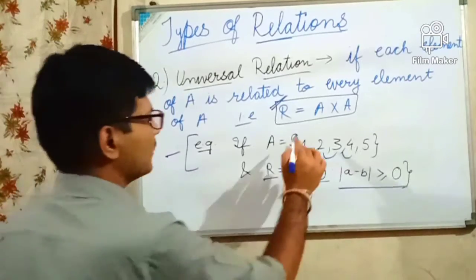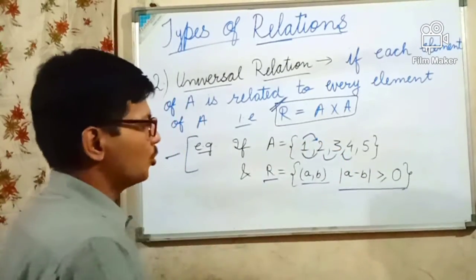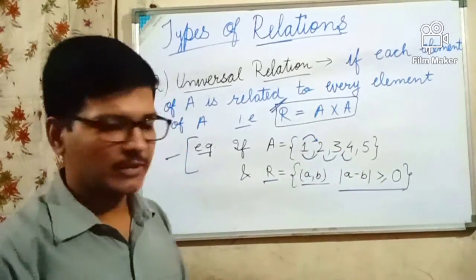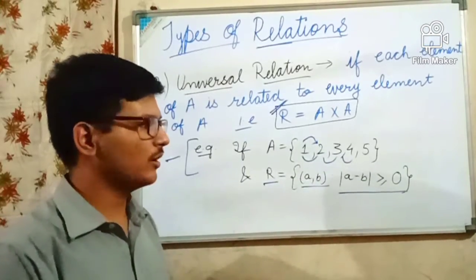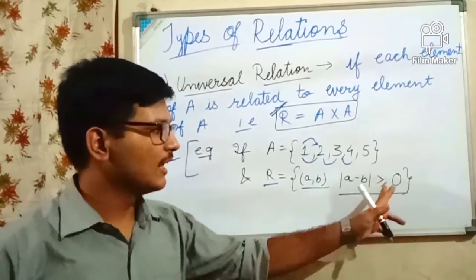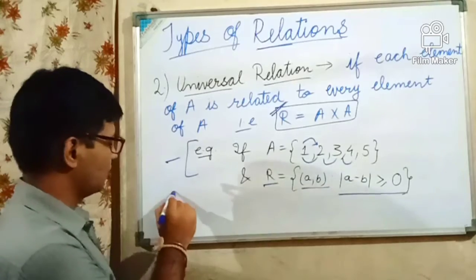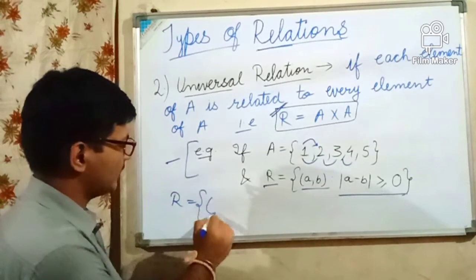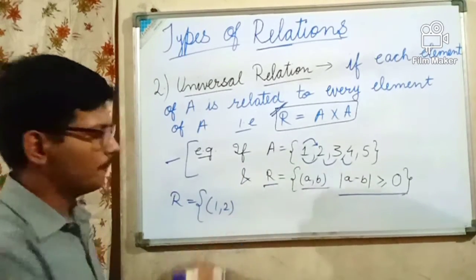See, अगर मैं लूँ 1 comma 2, so 1 minus 2 is minus 1. When we take its mod, it comes out to be 1. That is greater than 0. So we see that (1, 2) belongs to R.